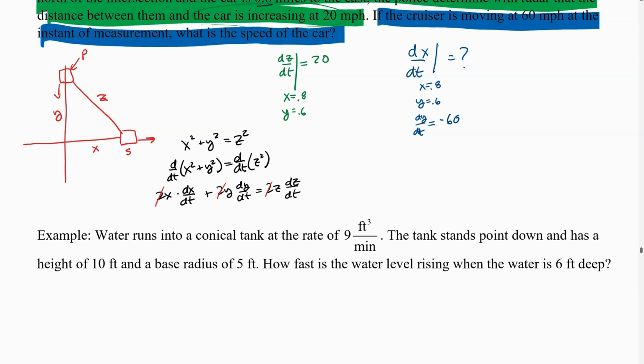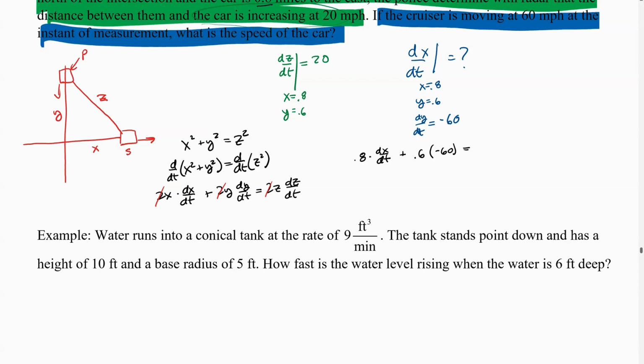Let's plug in what we know. We know that x is 0.8. We don't know what dx dt is, so that remains unknown, plus y, which is 0.6, times what dy dt is, which is negative 60, is equal to z.